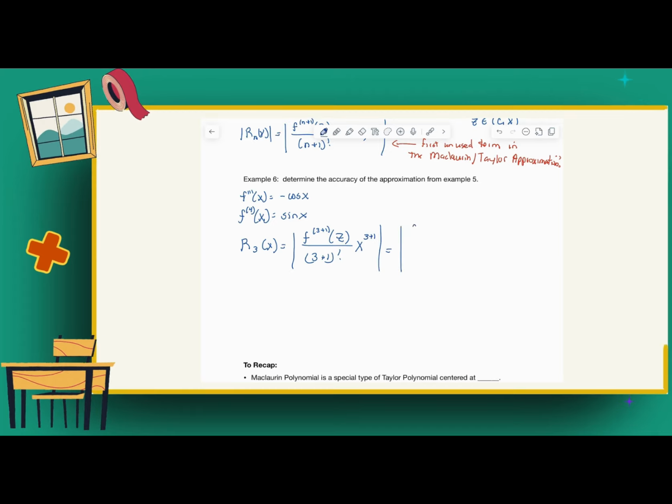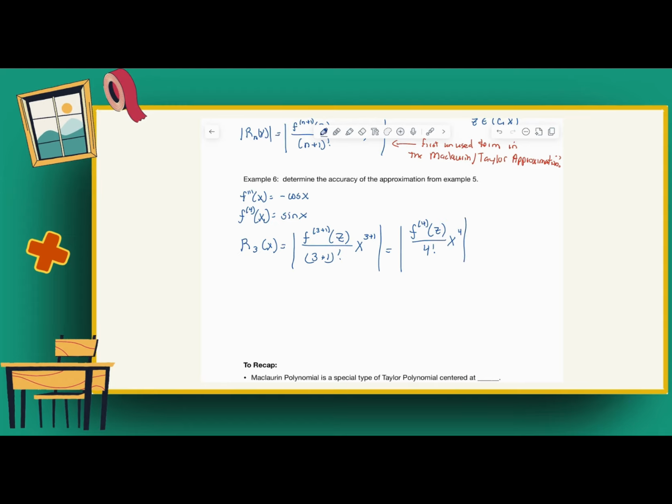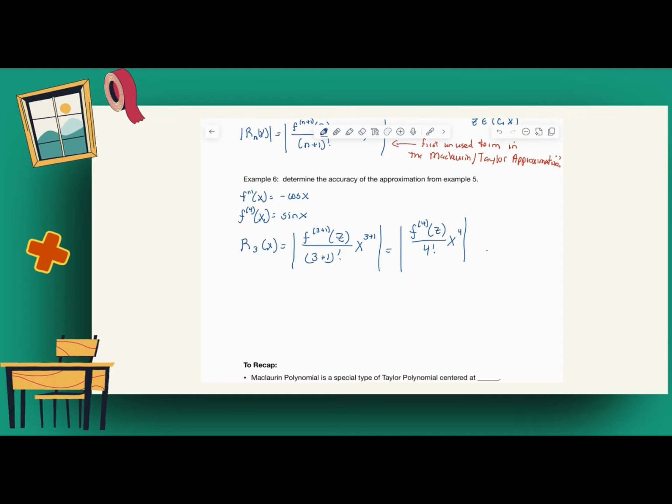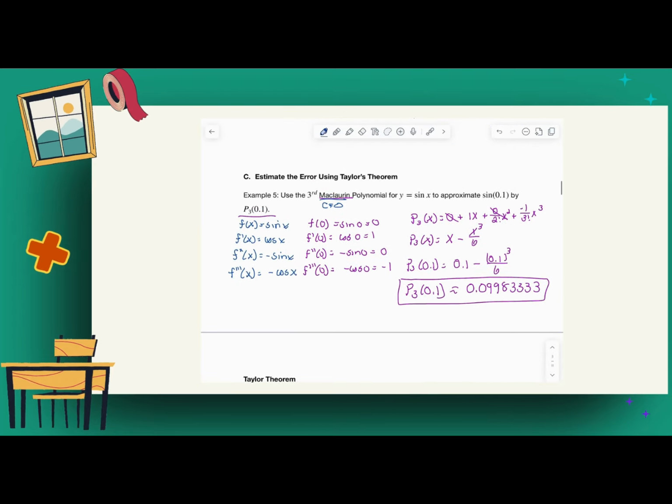So you would probably actually write this as the absolute value of the fourth derivative of f evaluated at z, divided by 4 factorial, times x to the 4, because since we did the Maclaurin series, our center is at 0. Now, since this is our error, we want to find our 4th derivative evaluated at z, and we want z to be the value that makes that derivative as large as possible on the interval where z could be.